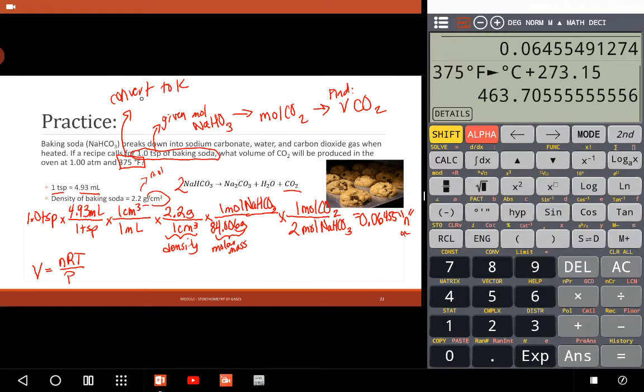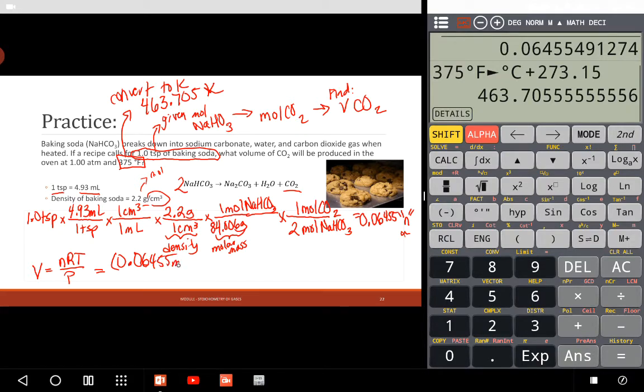So that is 463 Kelvin. I'm going to go ahead and store that in my calculator as B.